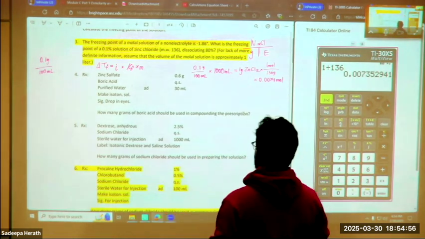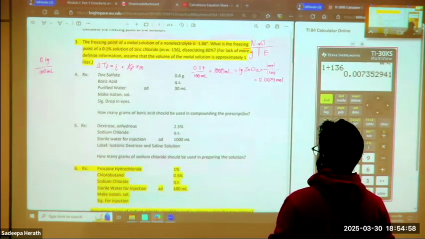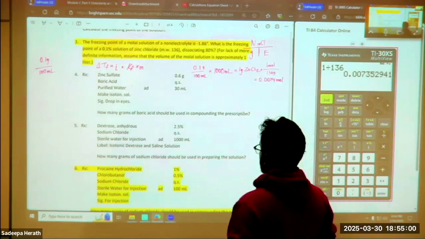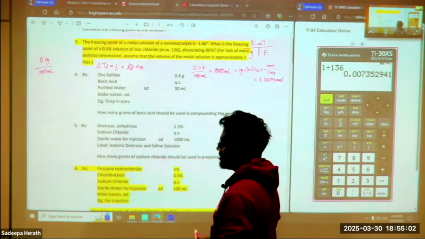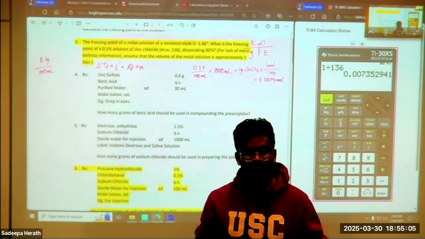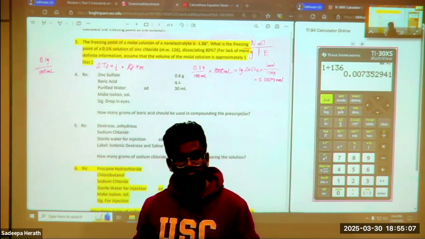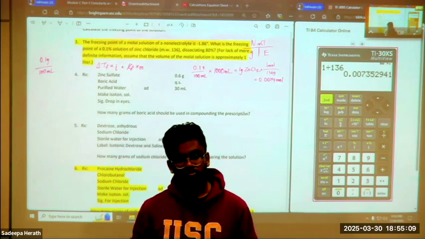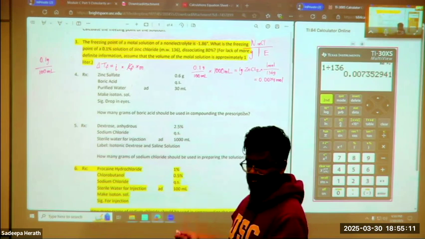Okay. Now we need to find kilograms of solvent. When it's not specified what the solvent is, we assume that it's water. That's just something to think about, right?